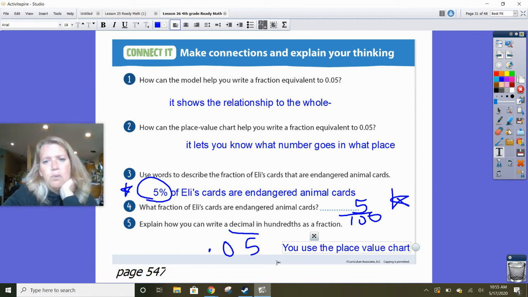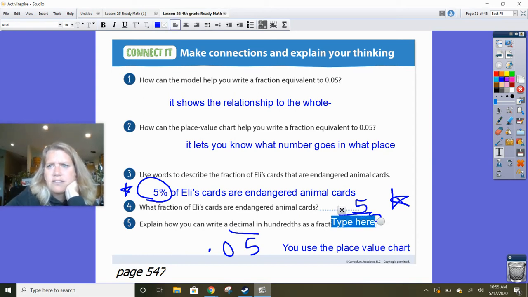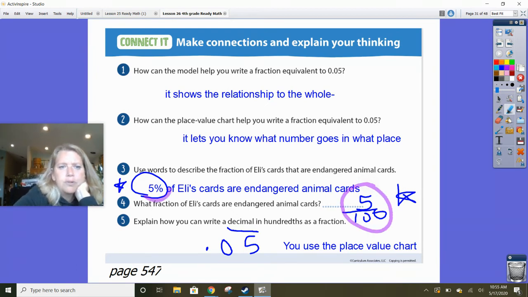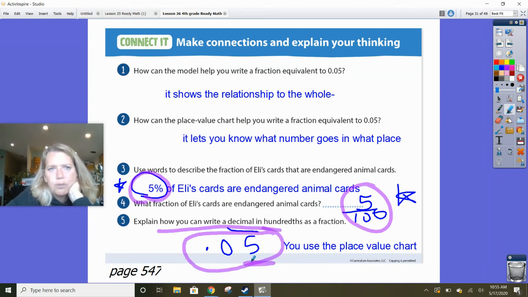Get everything in the right spot. So you put it in the hundredths place. 5/100ths, fraction style, percent style. To write it as a decimal, you just got to get things in the right place. There's 5/100ths, you put it in the hundredths place. Love how it all connects.